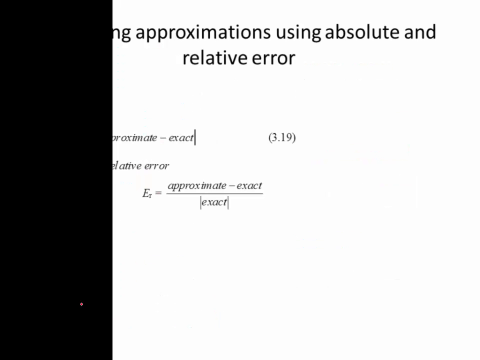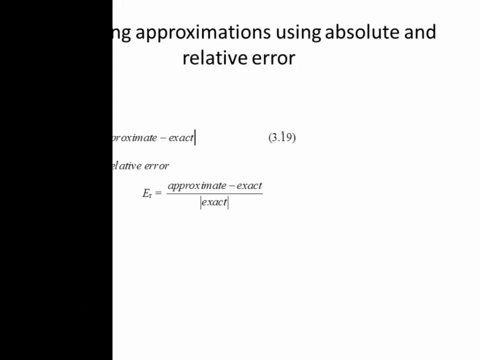Now, one of the things that we want to do is see how well we're doing. These finite differences are approximations by definition, and so we want some measure of how much of an approximation they are. There are really two simple ways that we could do it.